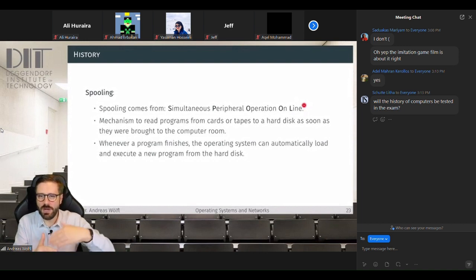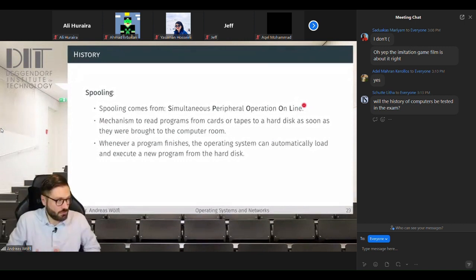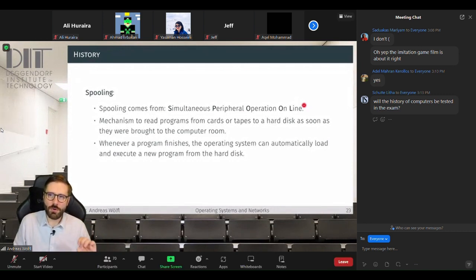So you bring your tape to the computer room, you load it to the hard disk, and then you can leave, because there is software, the operating system, that is able to load a program from hard disk. And it's trivial for us right now because we do it all the time. But in this generation of computing, this is a new concept. Loading programs from a hard drive into memory.